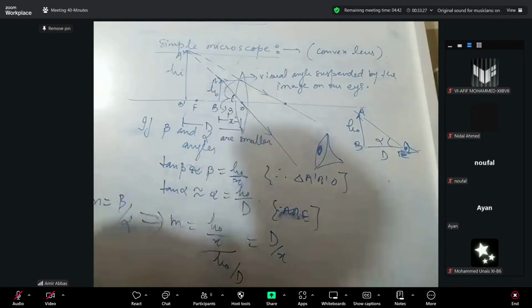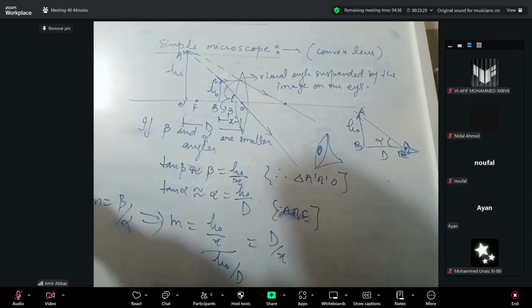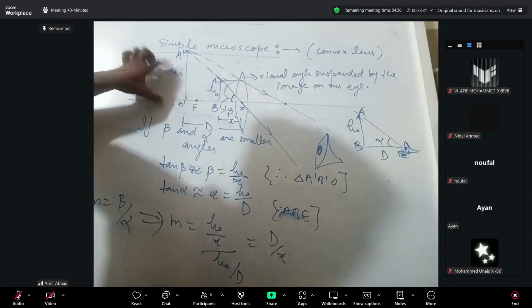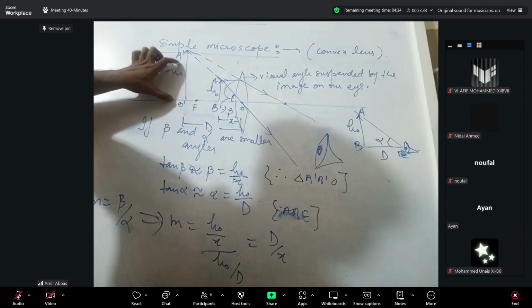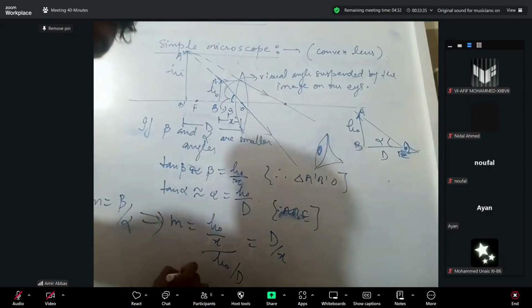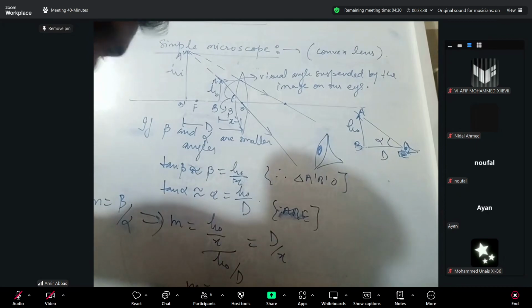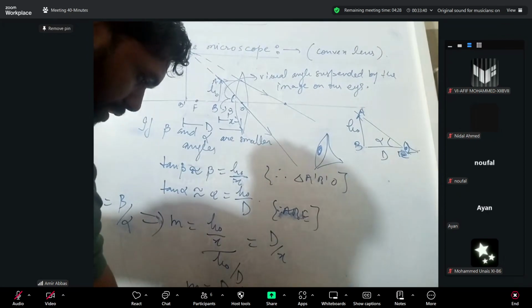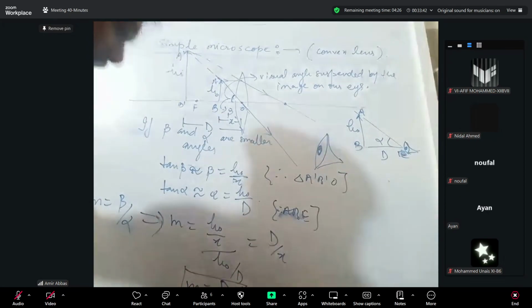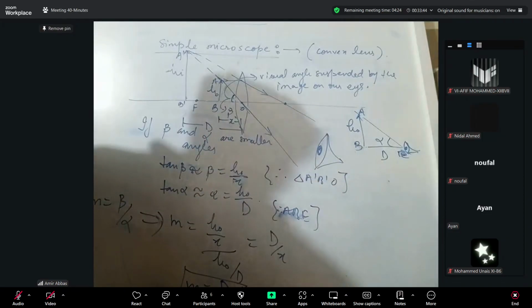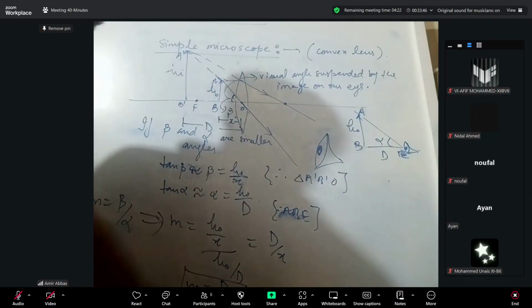Magnification is D over x when the image is forming at the least distance of distinct vision.